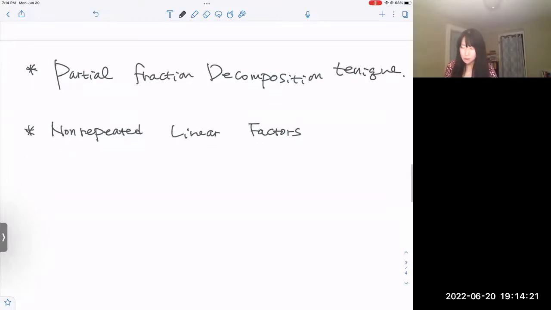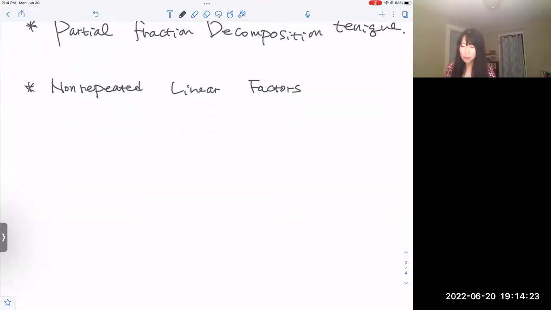All right, so look, we're gonna have this kind of a form. Look, we have P of x over Q of x. Now, this will be, we denote like A sub 1, which is constant, and we have A sub 1 x plus B sub 1.